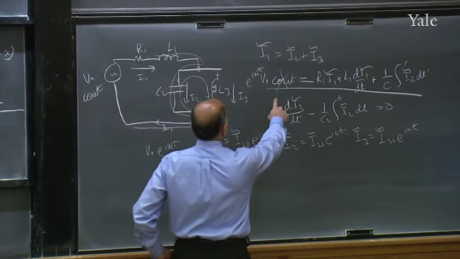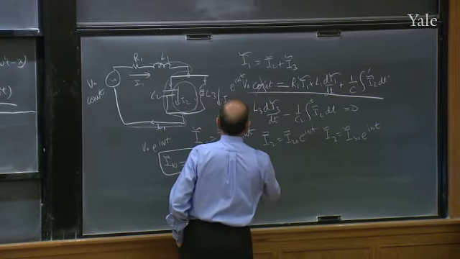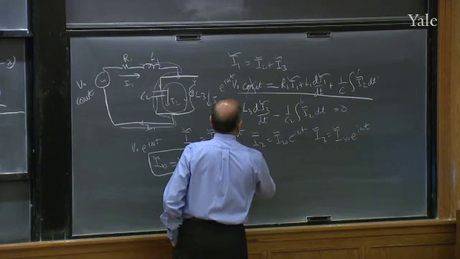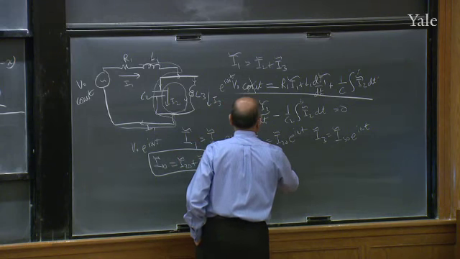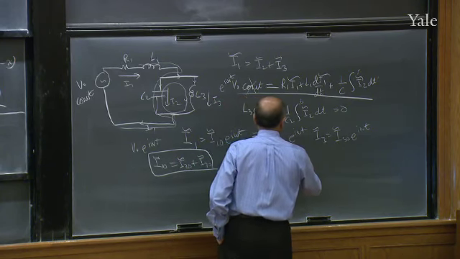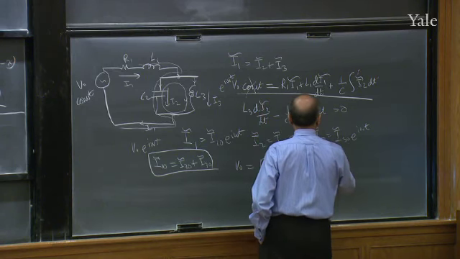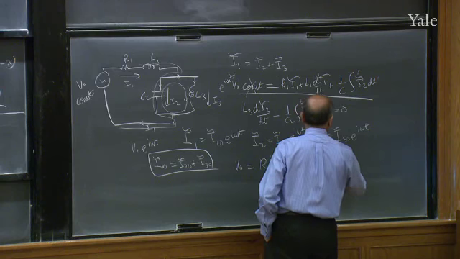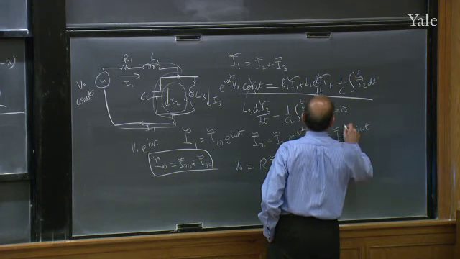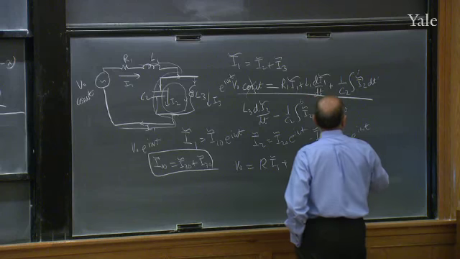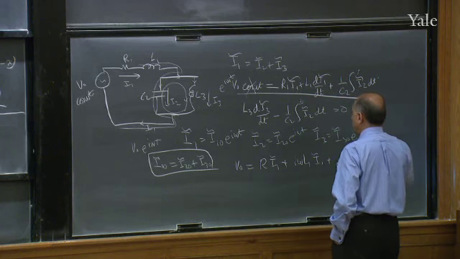And let's go to this equation here. You will find V naught is equal to R times I1 twiddle plus i omega L1 times I1 twiddle plus 1 over i omega C, I should have called this C2, i omega C2 times I2 twiddle.